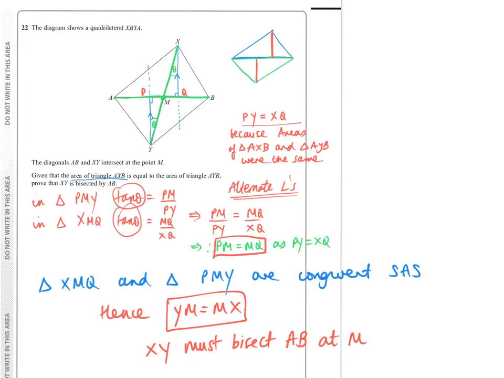Notice it didn't say perpendicular bisector, it just said bisector, i.e. to cut into 2.